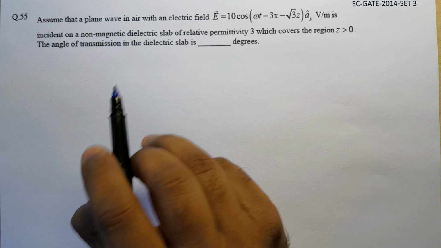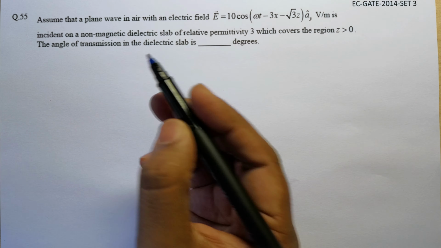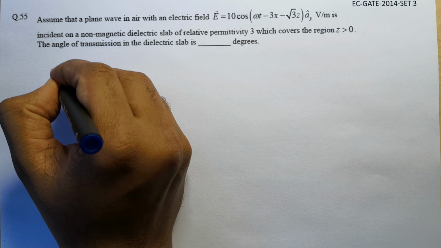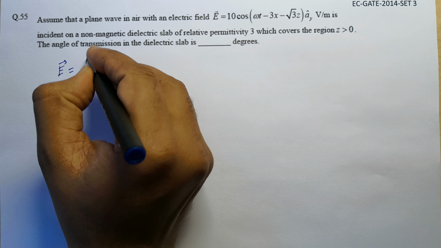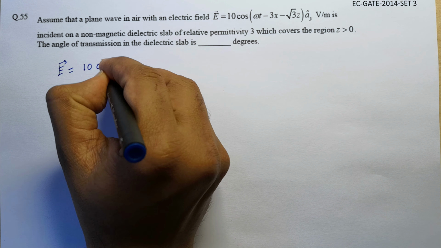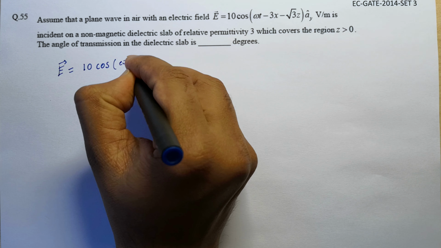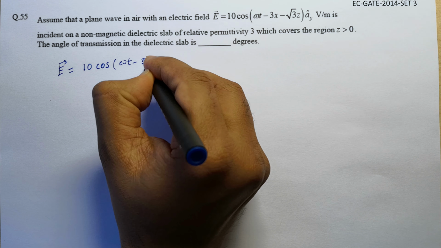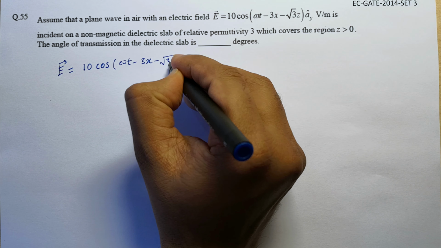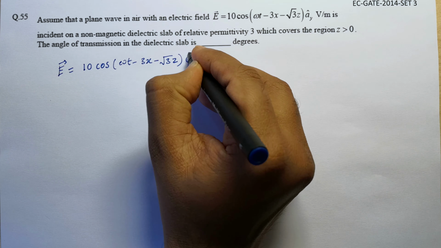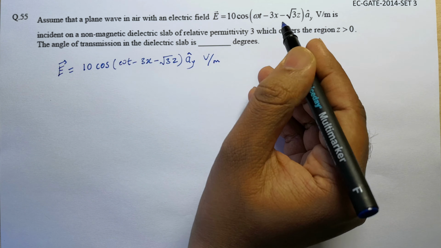So, they have given the equation of the electric field. E is given as 10 cos(omega t minus 3x minus root 3 z) ay volt per meter.